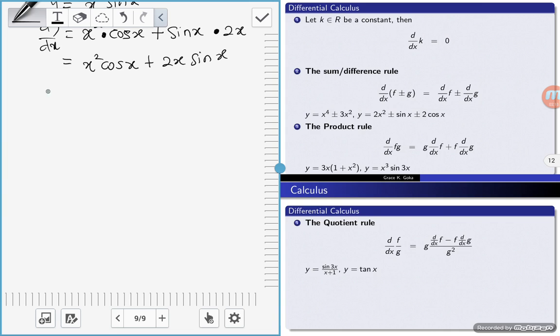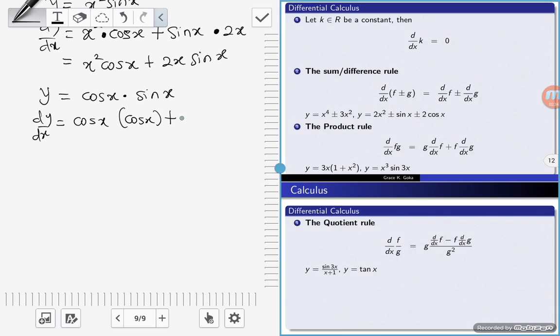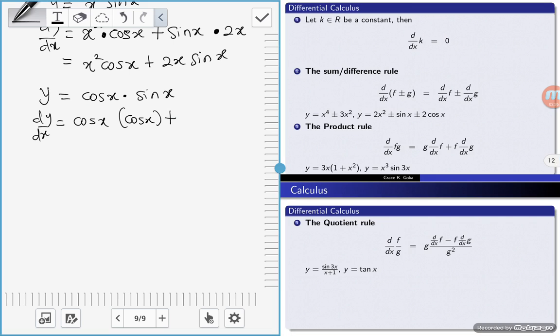Another example, if I have y is equal to cos x times sine x, then dy dx is equal to keep this constant. So we have cos of x times, if you differentiate sine, you're getting cos x. Alright, then plus you keep sine constant, so sine x times you differentiate cos x.